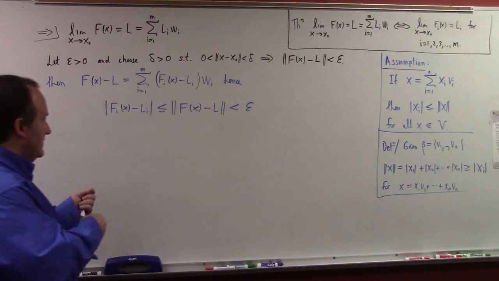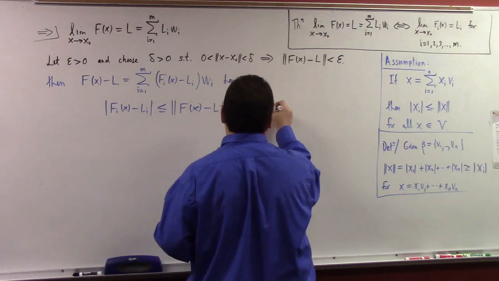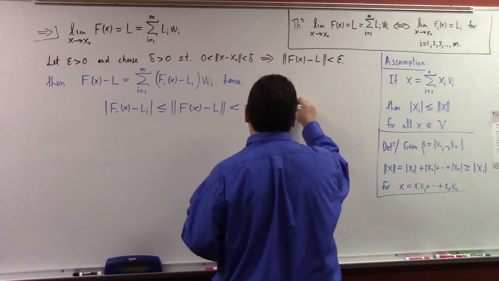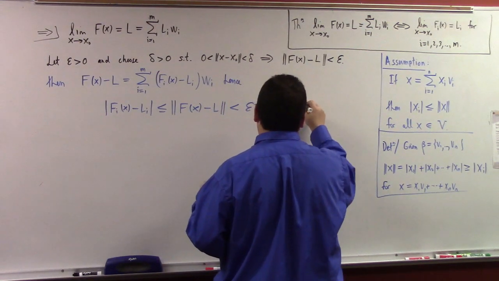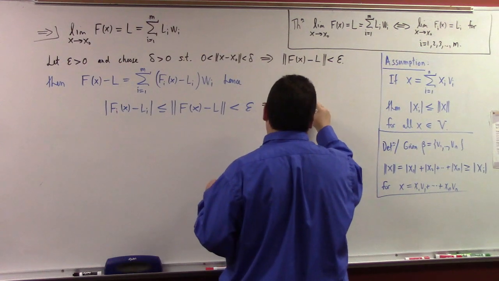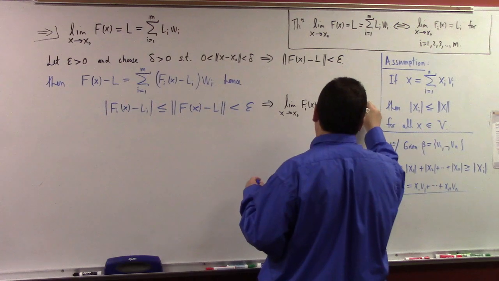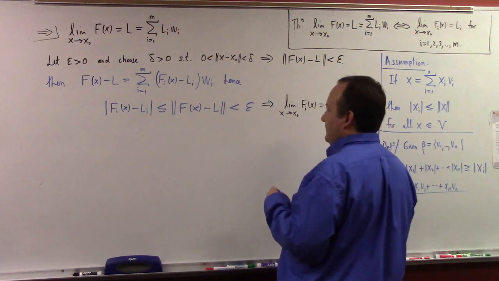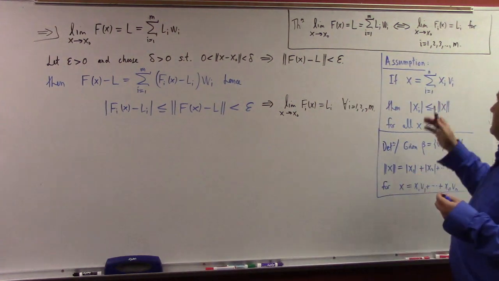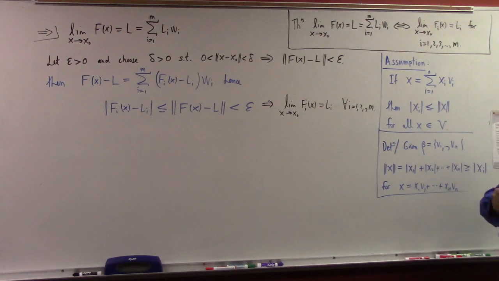So what's this tell me? This tells me that the limit as x goes to x naught of f sub i of x is equal to L sub i for all i. That's the end of the forward implication.